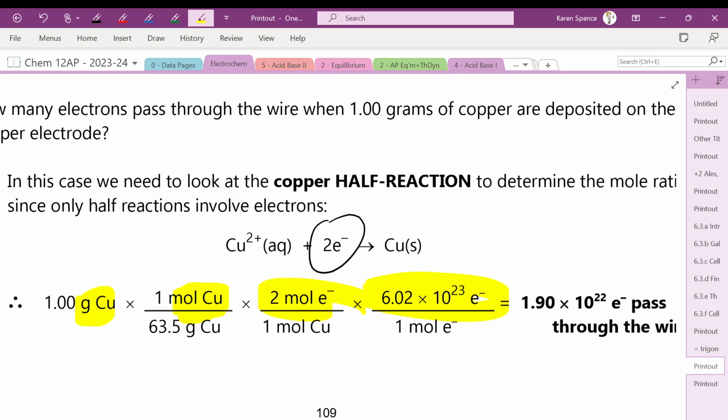If it's asking you about copper, you should use the copper half reaction. In this case, it doesn't matter because they both use 2 electrons. But if you've got, say, silver and gold, one of them uses 1 electron, one of them uses 3 electrons.